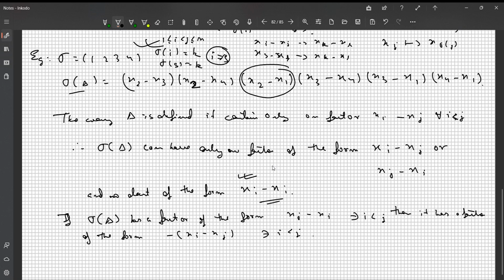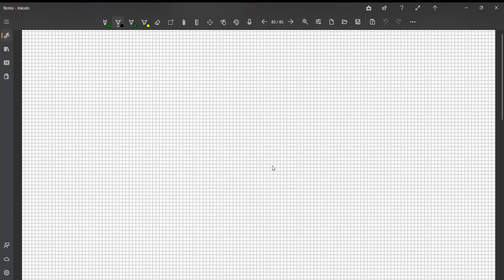Now, this is basically a change in sign from delta to sigma delta, because delta had the factor xi minus xj and sigma delta has the factor minus of xi minus xj, and such factors are uniquely present. So this marks a change in sign, obviously.